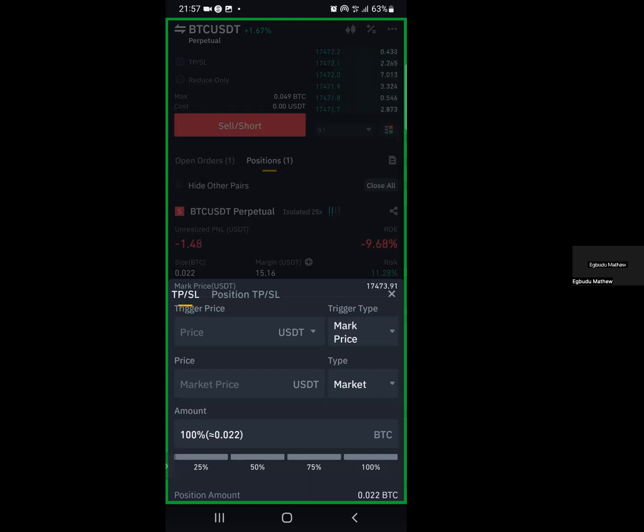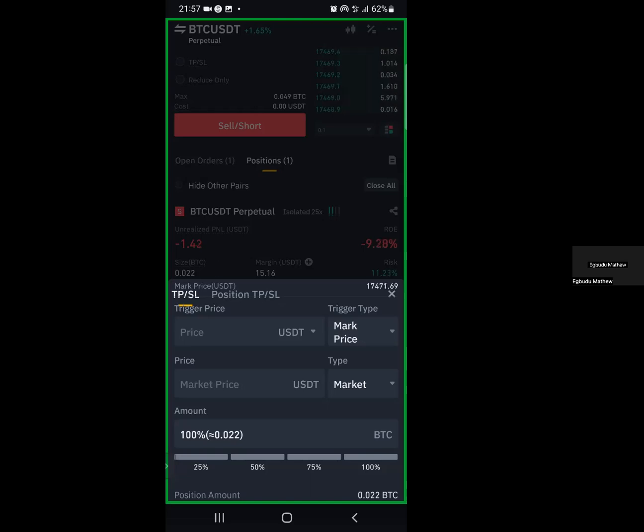What it means is you don't necessarily need to stay awake until you close your trade manually. Once price action gets to 16,300, that order will be executed automatically and the money will be credited to your futures balance. Then where you have SL, if you click on TPSL, all you need to do is to input the figures.